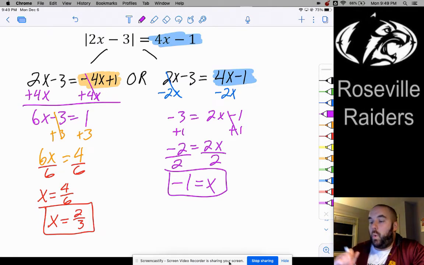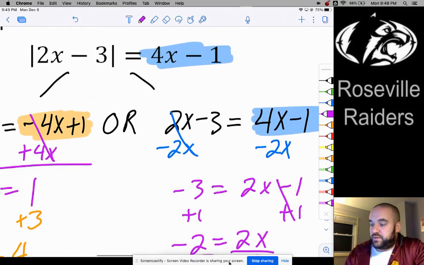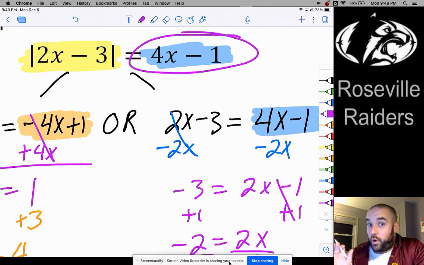But what we just said on the previous slide was that absolute value cannot equal a negative number. Now, the problem is I don't know if 4x minus 1 is negative because presumably I don't know what x is. So here's what we need to do.